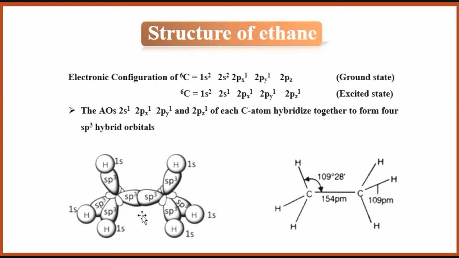And in this way, the overlap of these sp3 orbitals would result in the formation of a fourth sigma bond.